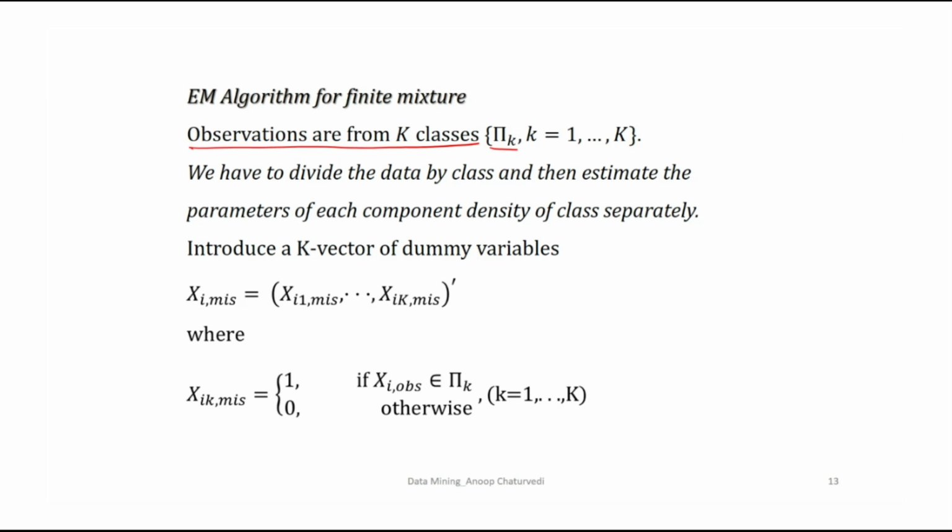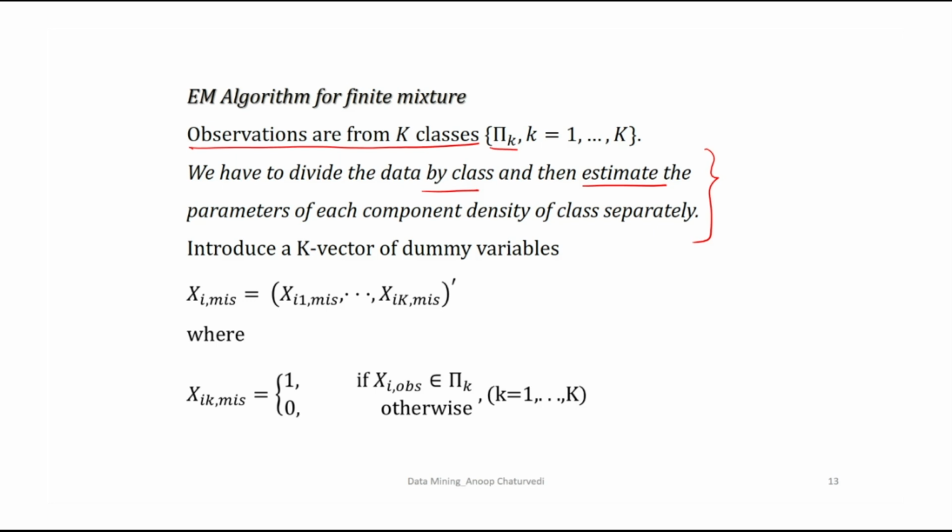Now, you have to divide the data by class, and then you also have to estimate the parameters of each component density of the class separately. So, you have to do both. You have to estimate the parameters, and remember that we are assuming a finite mixture of densities.